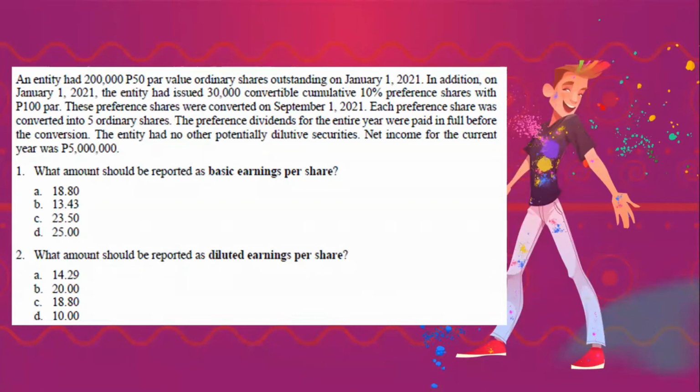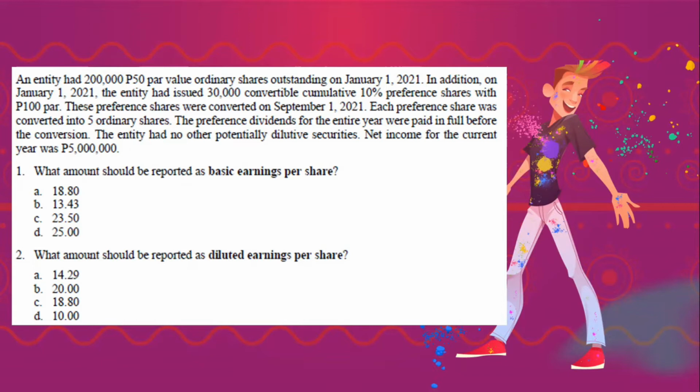Let me read the requirements first. Ito, parang review mo na rin of our previous topic on basic earnings per share. We'll compute basic earnings per share at the same time diluted earnings per share. Requirement number 1, what amount should be reported as basic earnings per share? And number 2, what amount should be reported as diluted earnings per share? So let me read the problem.